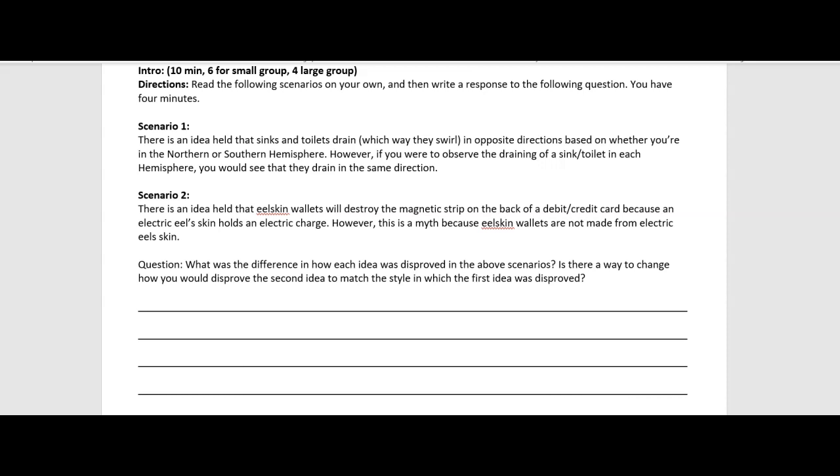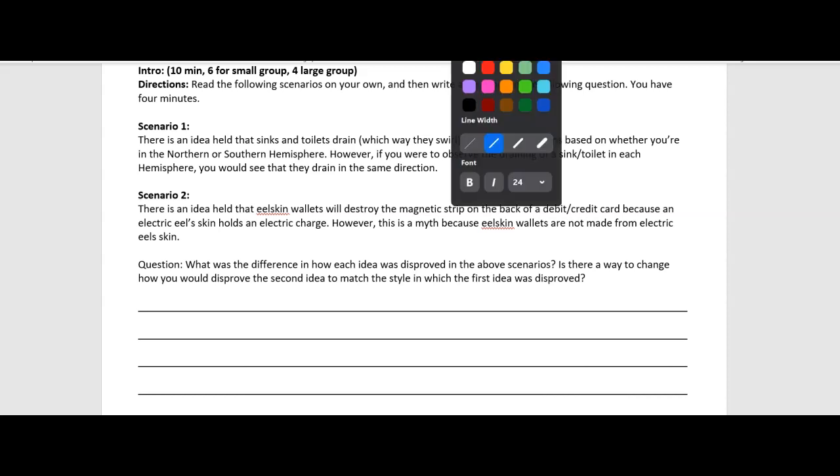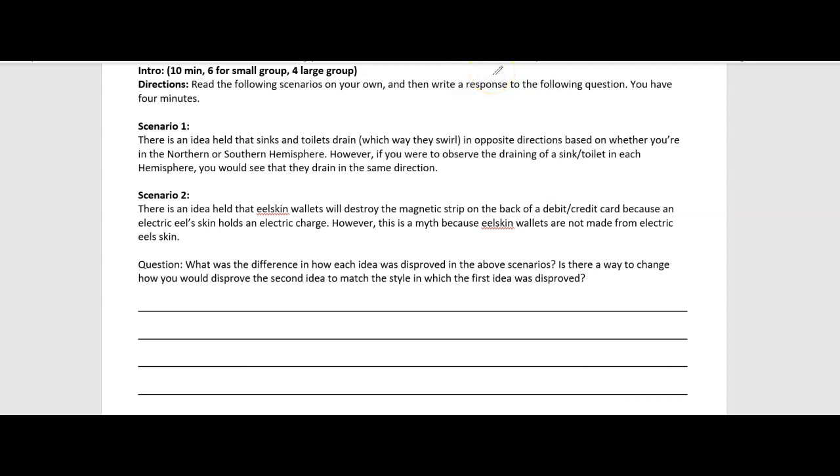So our question is, what was the difference in how each idea was disproved in the above scenarios? Is there a way to change how you would disprove the second idea to match the style in which the first idea was disproved? In scenario 1, the conjecture was that the sinks and toilets drain in opposite directions.